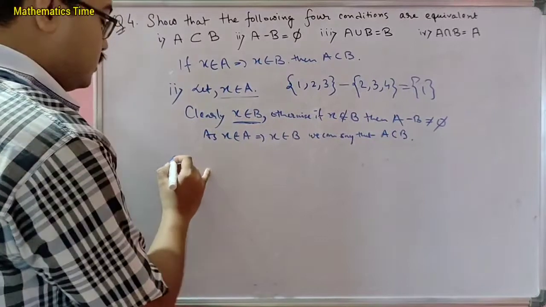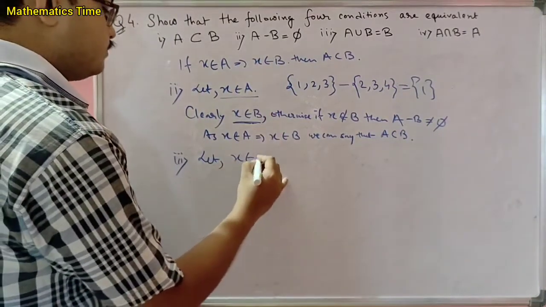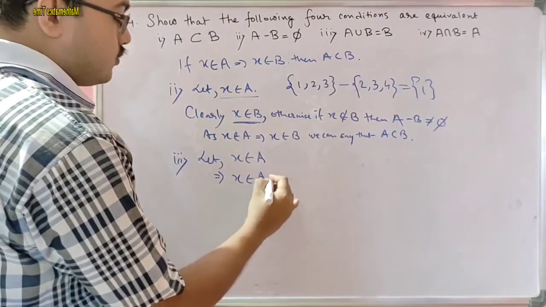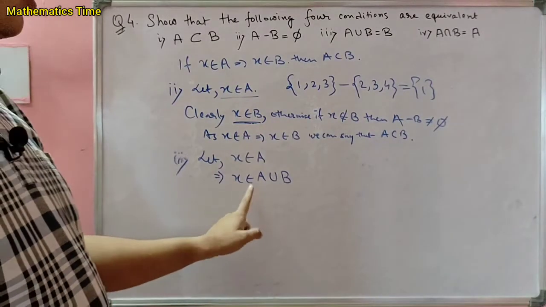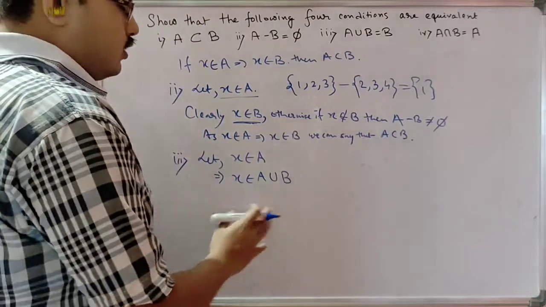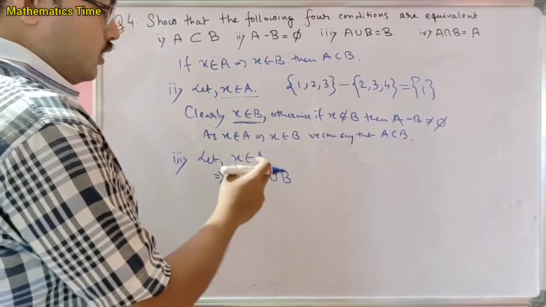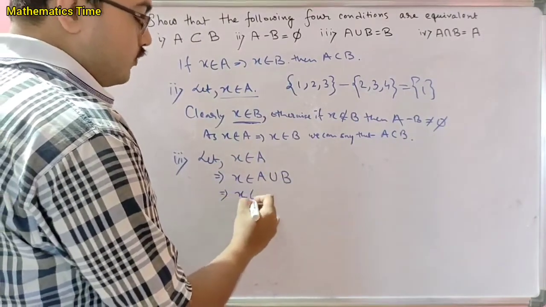Okay, number 3 is very easy. Let x belong to A. As x belongs to A, x must belong to A union B, because A union B means x is either in A or in B, or maybe in both. So here x is in the set A, so x must be in A union B. What is the value of A union B?